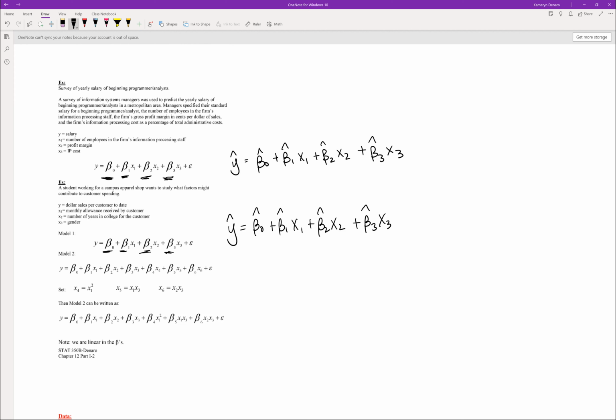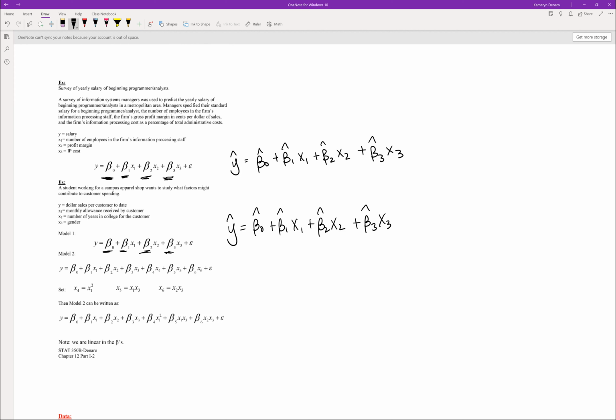So once again, I'm going to say that one more time. Beta 4 is the slope associated with a transformation of X1. Beta 5 is the slope associated with an interaction term, X1 times X3, and beta 6 is the slope associated with another interaction term, which is the interaction between X2 and X3.